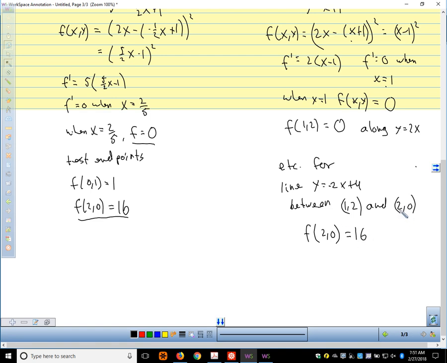F of 1, 2, we already know is 0. We've already tested that one. And between there, we get that the critical point along the boundary is when x equals 1. And we've tested that one already.